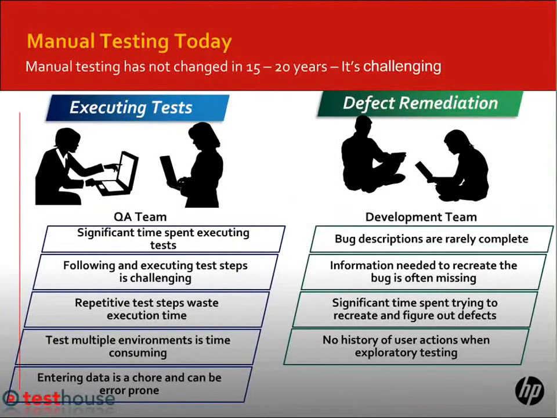Then once you actually found the problem, found the defect, you have to communicate this to the developers. And again, that often is a major pain for both sides. Either the description the tester delivers is not clear enough, or the developer cannot understand it, or some information is missing, or maybe the tester didn't follow the steps exactly as he was supposed to.